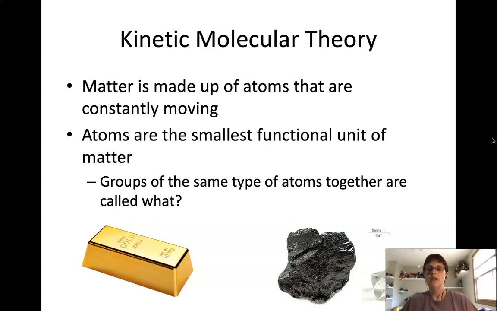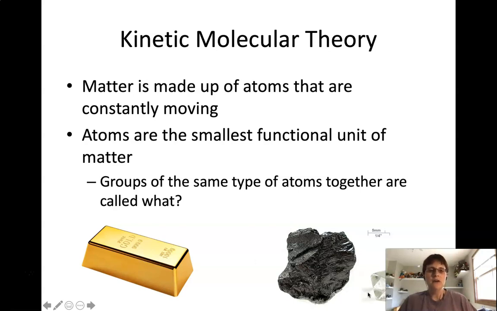So if you get a group of the same type of atom together, you might be familiar with the term for that. Those are called elements. So I've got a couple of elements here. Elements are made of the same atom. So gold, this bar is made out of almost all gold, but pretty much every atom in that bar is going to be gold.